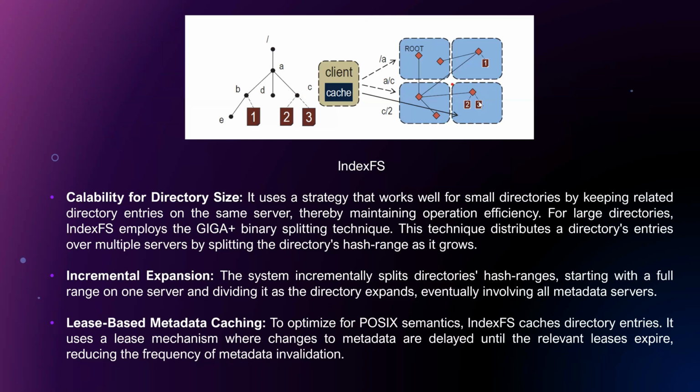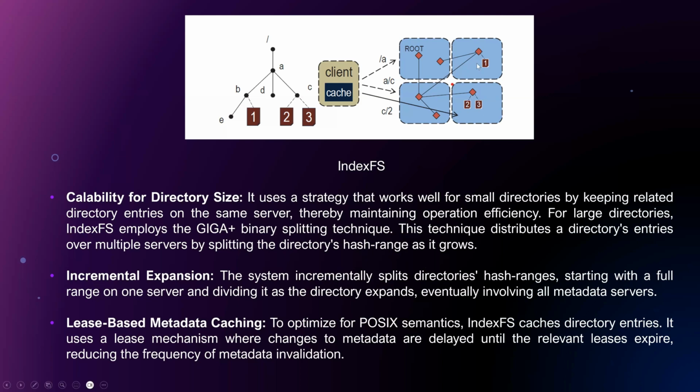This technique distributes the directory entries over multiple servers by splitting the directory's hash range as it grows. Files under the same server are on one particular server, so if that server is occupied with huge files, it might not be able to accommodate the incoming growth. At that time, it splits the data to the next server once this server is fully occupied, using the directory's hash range.